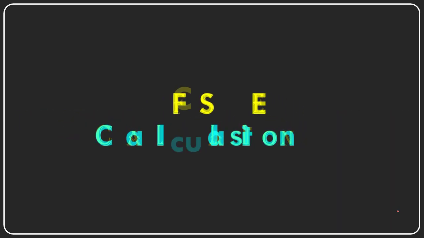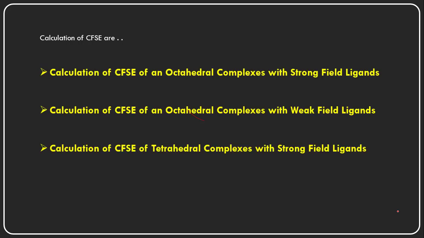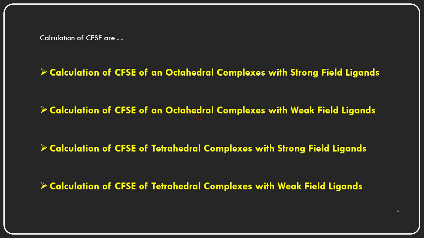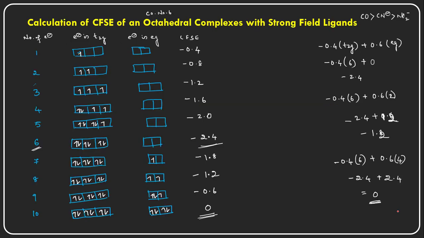We also did the crystal field stabilization energy calculations already. There are four energy calculations in our syllabus: the calculation of crystal field stabilization energy of octahedral complexes in the presence of strong field ligands, and of octahedral complexes in the presence of weak field ligands, and we have discussed up to here.